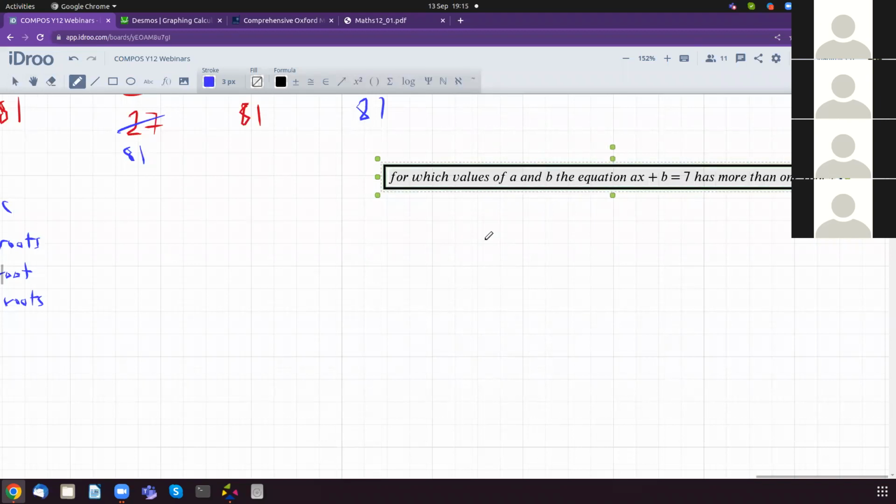Well, this is a linear equation, and we know that linear equations have one root. That's true for all linear equations.